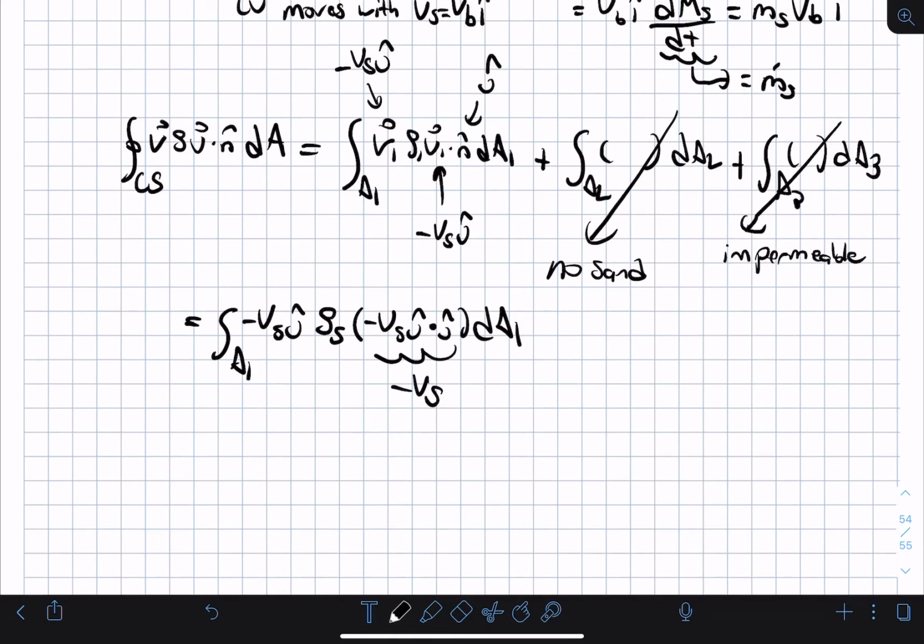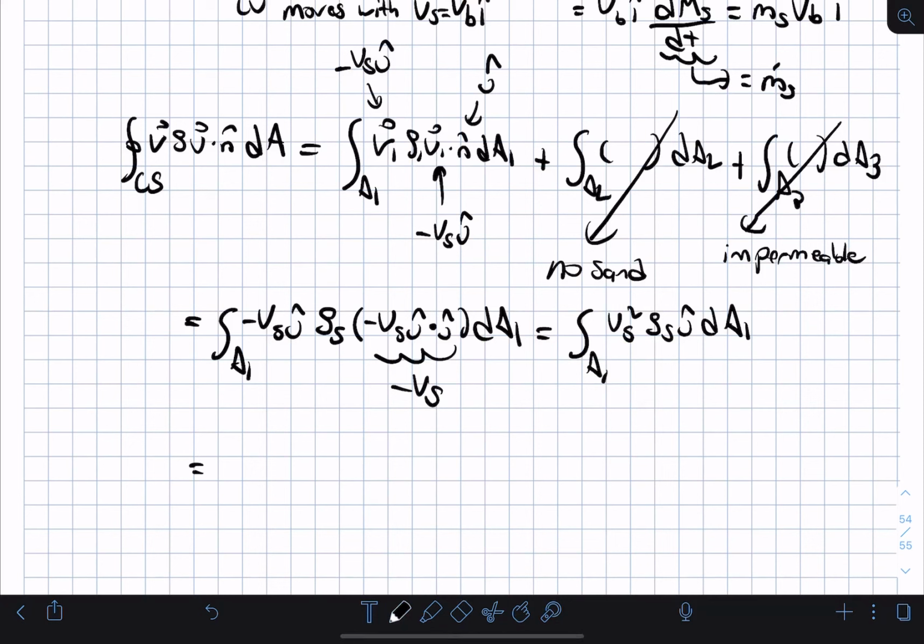Okay, and so this just equals minus Vs. So we have a minus Vs here and a minus Vs here. So this turns into the integral over A1 of Vs squared rho s j hat dA1, and we're assuming uniform flow over the section where sand is falling through, and that means all of the guts of this integral, we can pull that out.